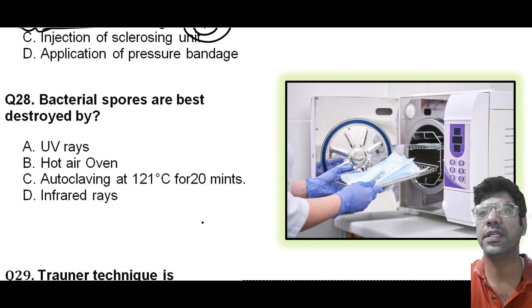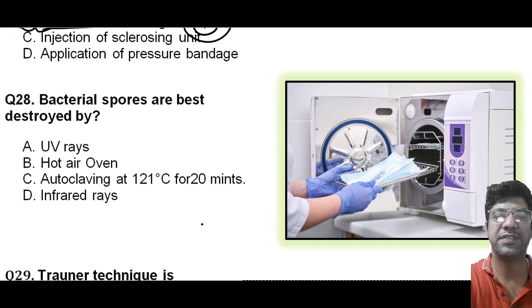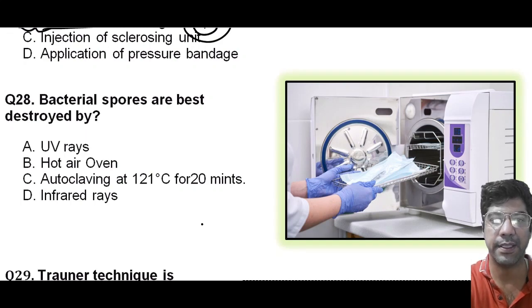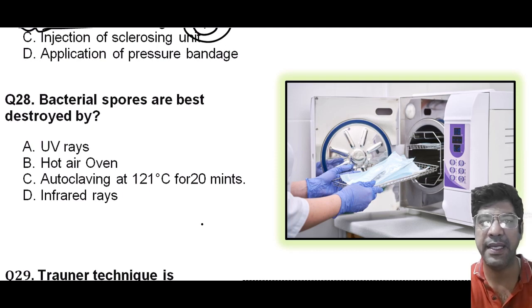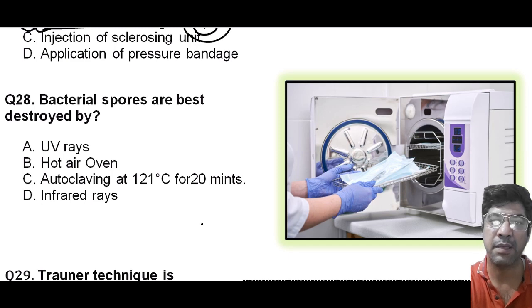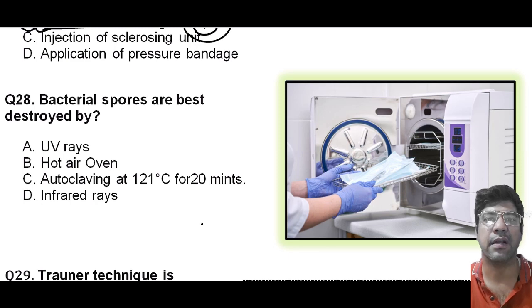Moving to the next question: bacterial spores are best destroyed by. Bacterial spores are highly resistant to the environment and are the most resilient forms of bacteria. So the best way to eliminate them is by autoclaving.